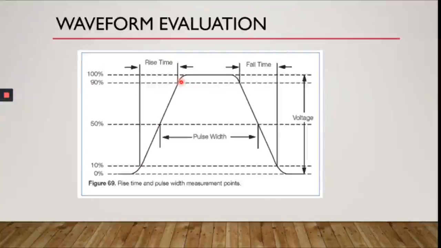So this is called the rise time. And the fall time is the opposite, from 90% until it goes down to 10% of the magnitude or the amplitude of the signal. And the pulse width is the length in time of the pulse at the center here. At the 50% level, we measure the time. That time is called the pulse width.